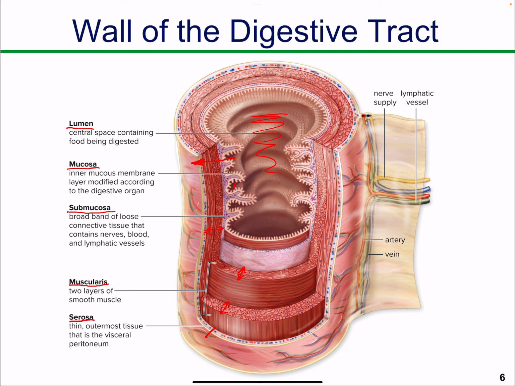The serosa is basically some other tissue that is going to wrap the digestive tract. We're going to have some blood vessels, nervous tissue, and lymphatic vessels that are also going to run in there, so that there is everything that is needed for this tissue to be nourished, to be innervated, for the movement, and so on and so forth.